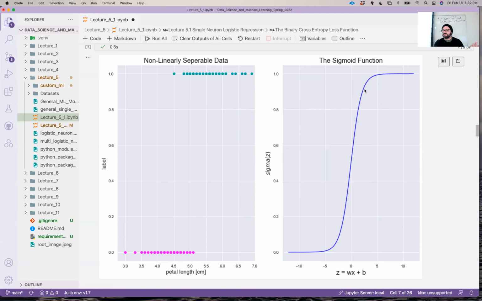And at some point, the likelihood of it being green is high. So, just looking at it, if we can find a mapping from petal length to z that will match up these two graphs, we are good. And we have a potential classifier to deal with.